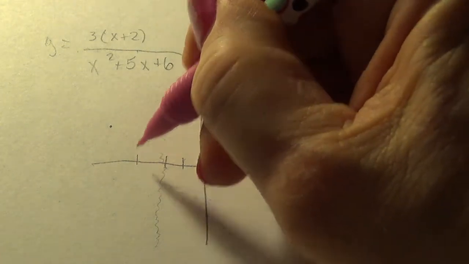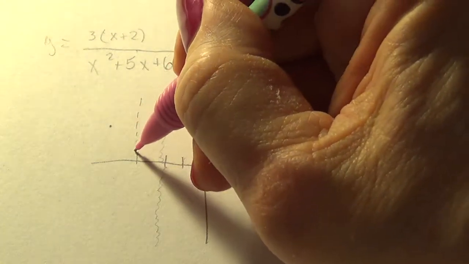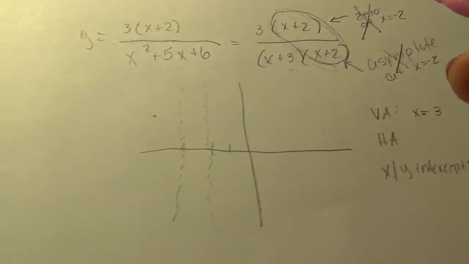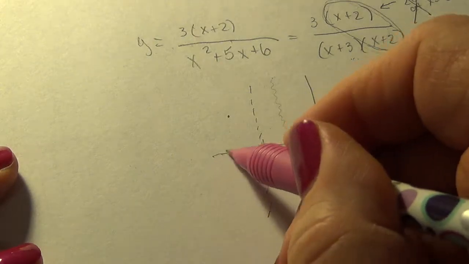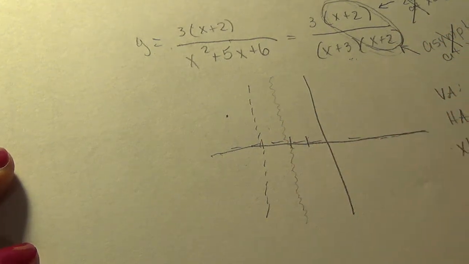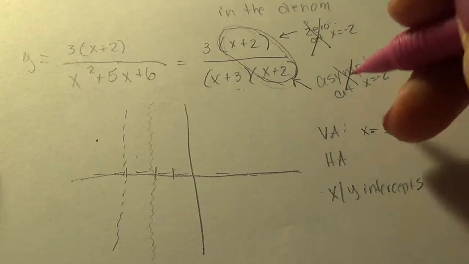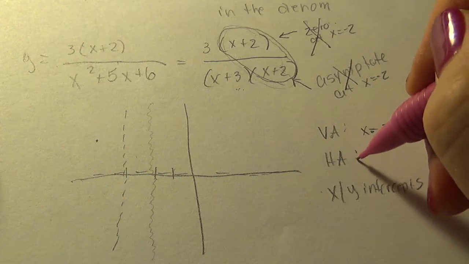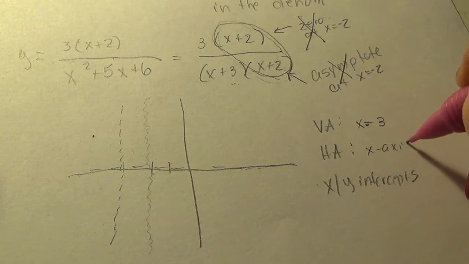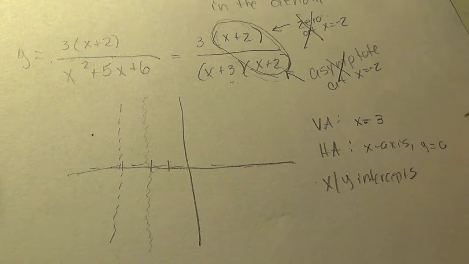So I'm going to put a vertical asymptote there. And what causes a horizontal asymptote? Always in case 1, where the numerator is less than the denominator, it's always the x-axis. That's called y equals 0.